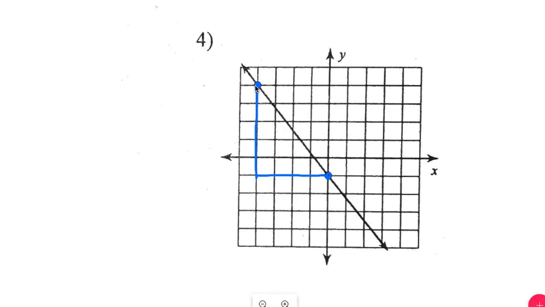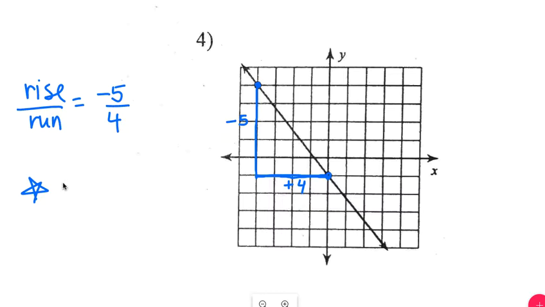But we have 1, 2, 3, 4, 5 down, -5. And then I went 1, 2, 3, 4 to the right, so it's +4. So my slope is -5 over 4.